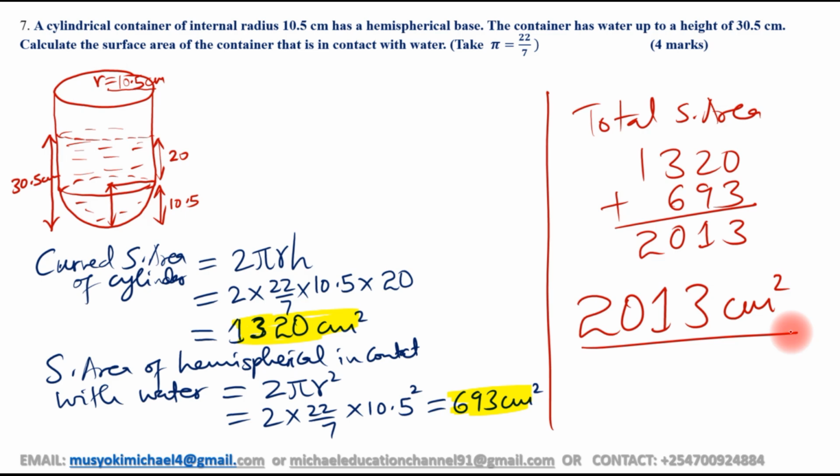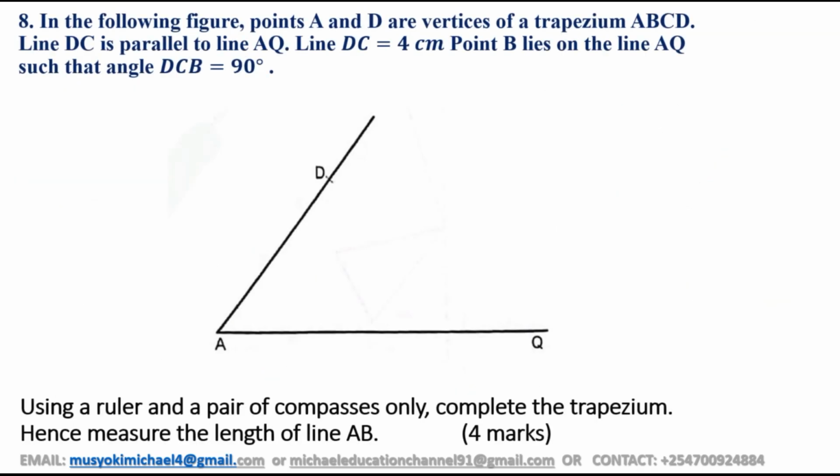Next is a question on geometrical construction. In the following figure, points A and D are vertices of a trapezium ABCD. Line DC is parallel to line AQ.